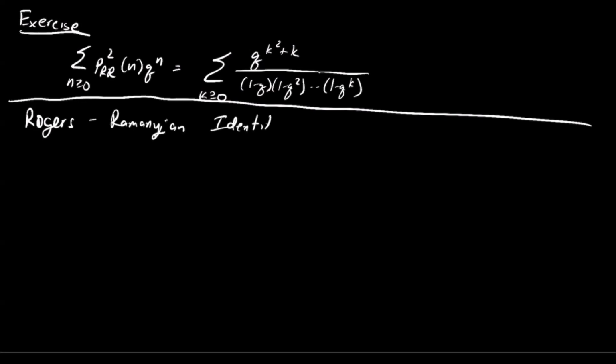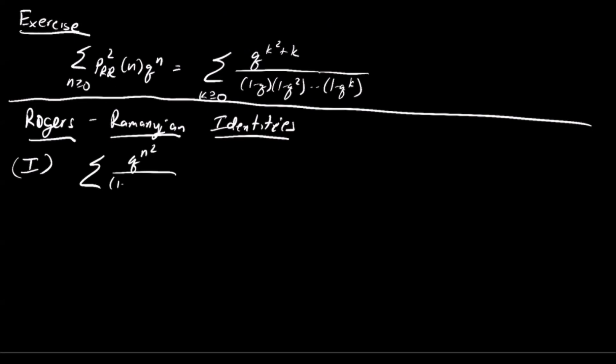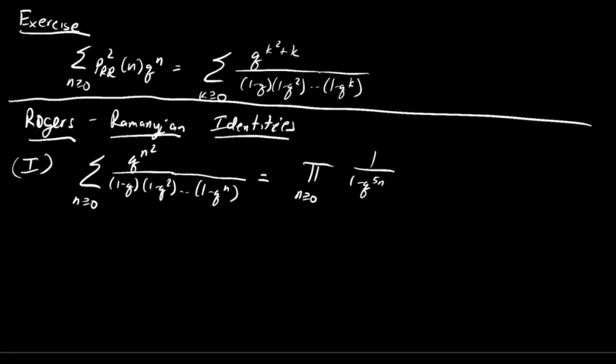The first identity says that the sum of q to the n squared over 1 minus q squared up to 1 minus q to the n, where n is bigger than or equal to 0, is equal to the product, over n bigger than or equal to 0, of 1 over 1 minus q to the 5n plus 1, 1 minus q to the 5n plus 4.